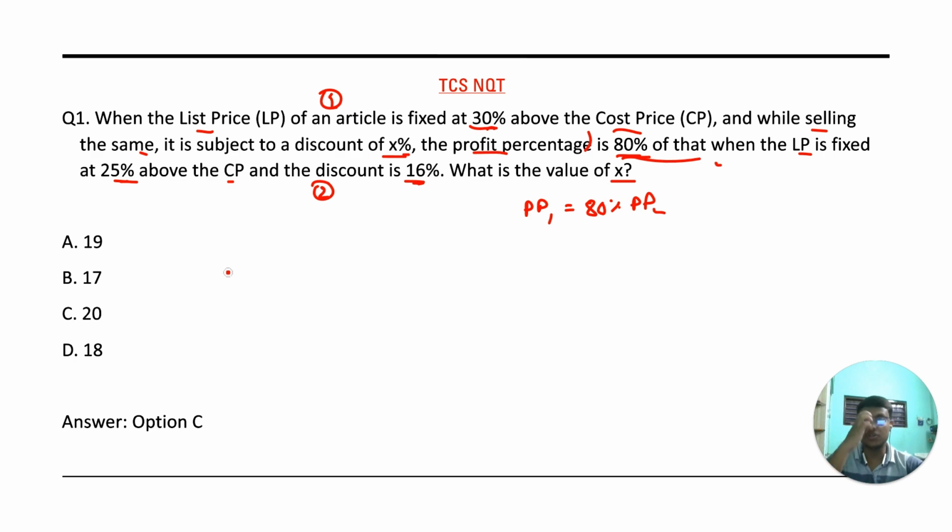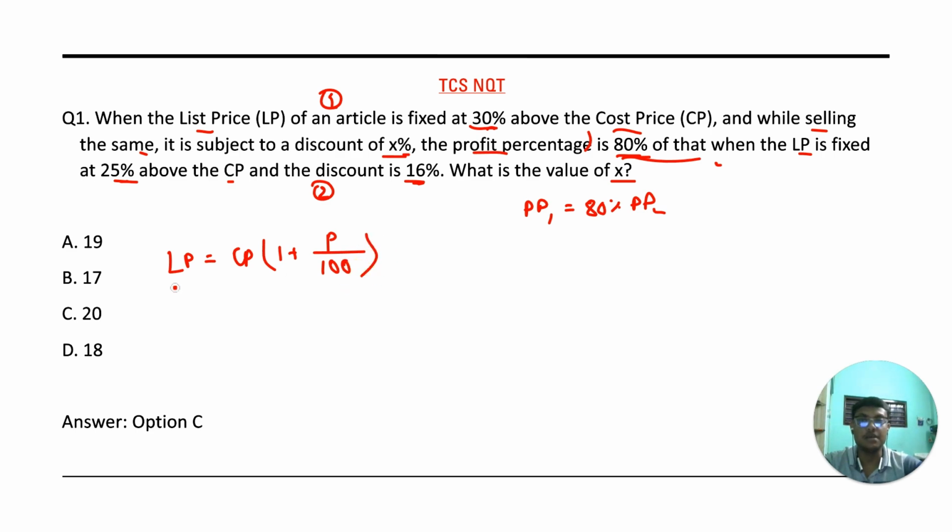Now, before we move on to the solution, let's first understand a few terms that have been given in the question. First is the list price. So list price is something which is calculated over the cost price using this formula: cost price into 1 plus some percentage P divided by 100.